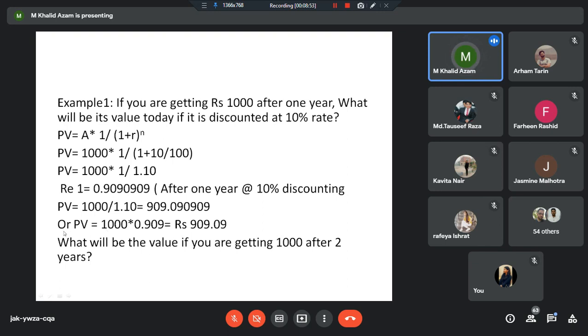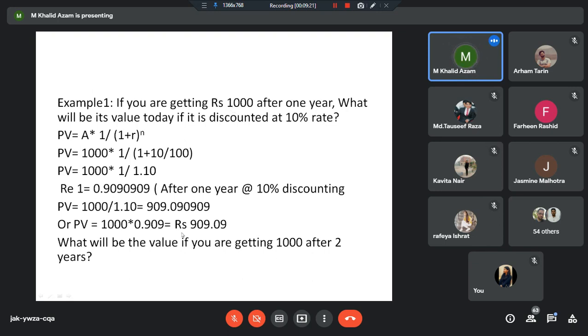So what are you doing? The present value will become 1000 multiplied by 0.909, so it will become 909 rupees. If you are getting 1000 rupees after 1 year and you are discounting at a 10% rate, finance people will say that the value of your 1000 rupees is not 1000.